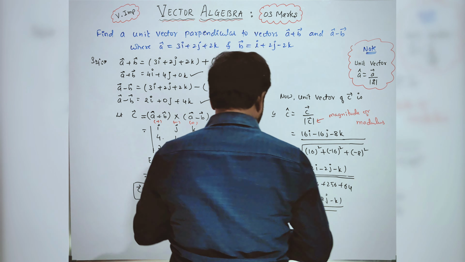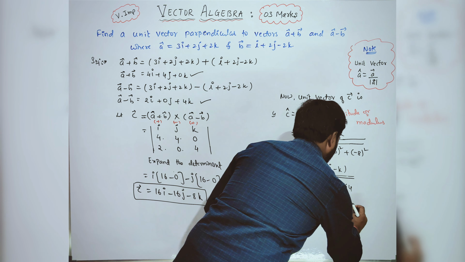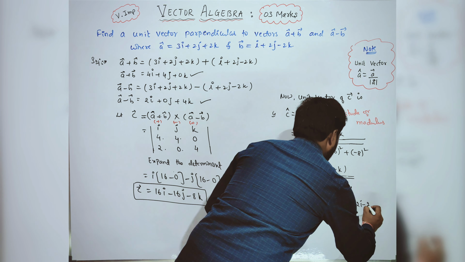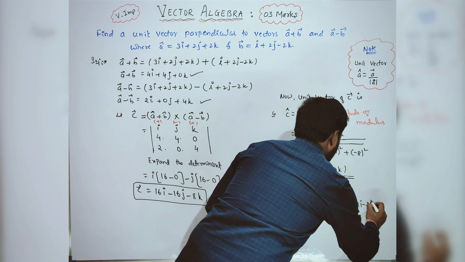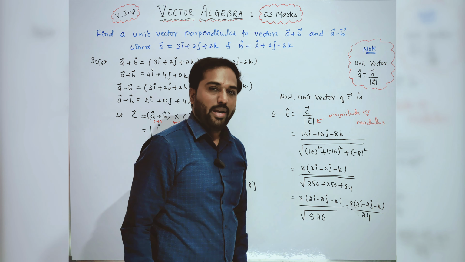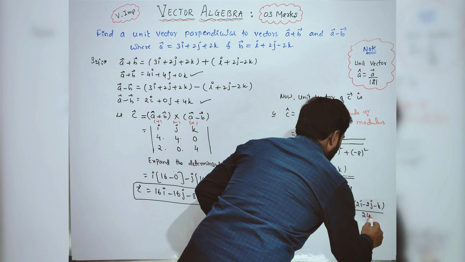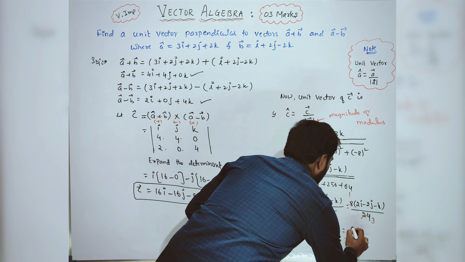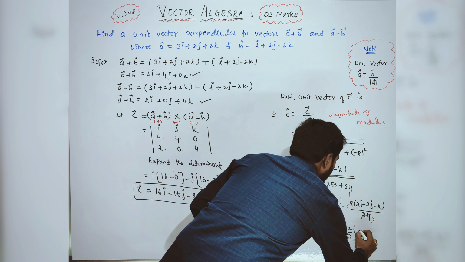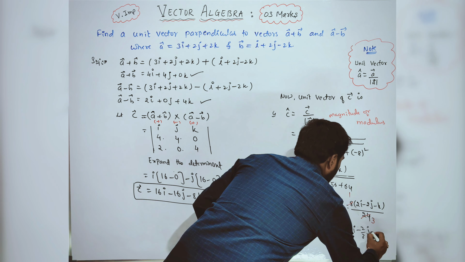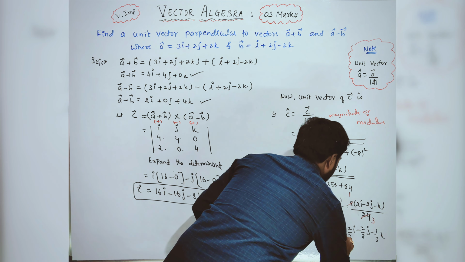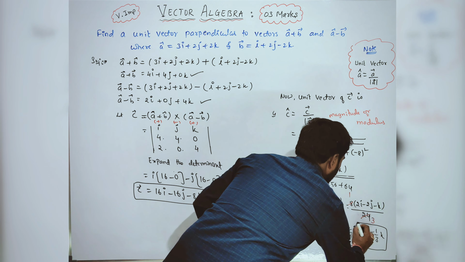And this is a perfect square. I'll write 8 of 2i minus 2j minus k divided by root 576, which is a perfect square, 24, and you can cancel. 8 ones are 8, 8 threes are 24. So this is your vector A cap, equal to 2 by 3 i minus 2 by 3 j minus 1 by 3 k.